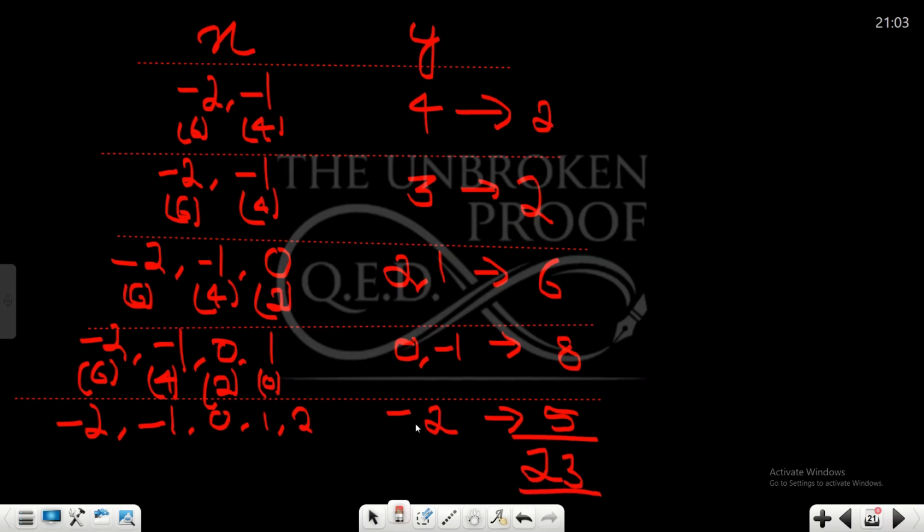Now if you see symmetric elements, minimum elements required. Now if you see for -2 and 4, there is no symmetric element anywhere, so we need to add 4 -2. This is one element. And if you see -1 4, 4 -1 is not there. Now if you see -2 3, 3 -2 is not there, right?